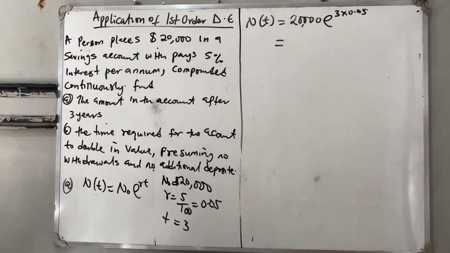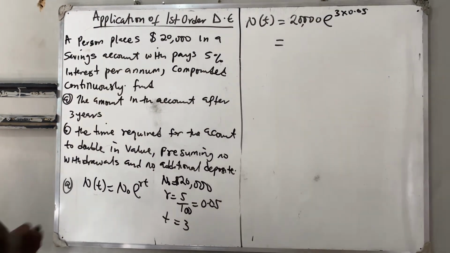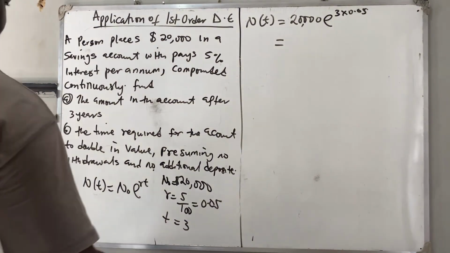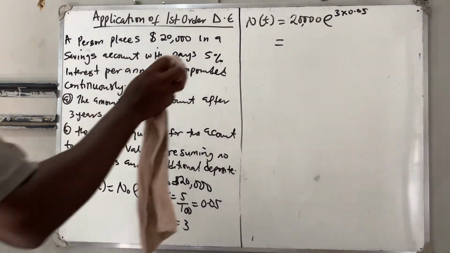So do that and then tell me what you think the answer is in the comment section. So we are going to be having that the money in their account will now be... Just do this and tell me what the answer is in the comment section, because I forgot my calculator.